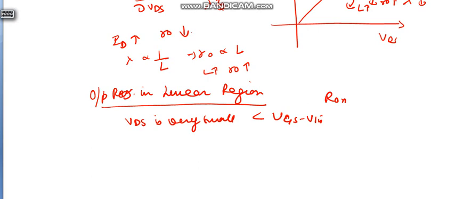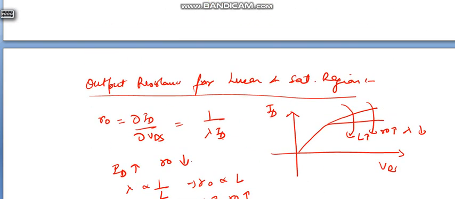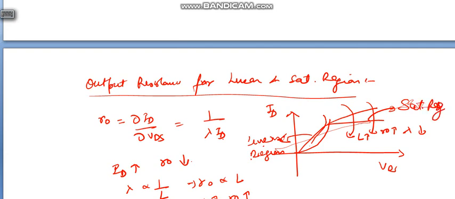If we see this plot, this is basically the linear region, and this region is the saturation region.